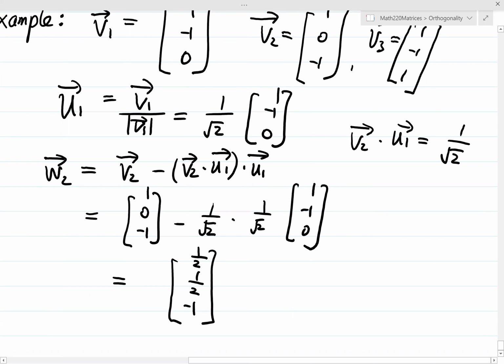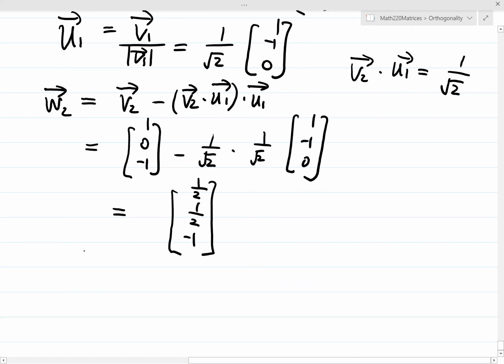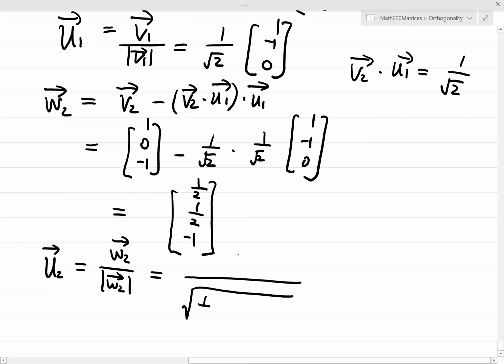So U2 is W2 normalized, divided by its norm. Since we have coordinates, we can write down everything. This will be the square root of 1/2 squared plus 1/2 squared plus 1 squared, and W2 is 1/2, 1/2, 1.